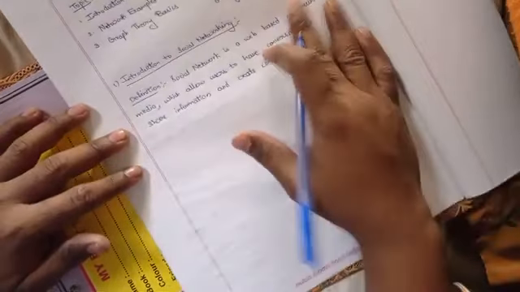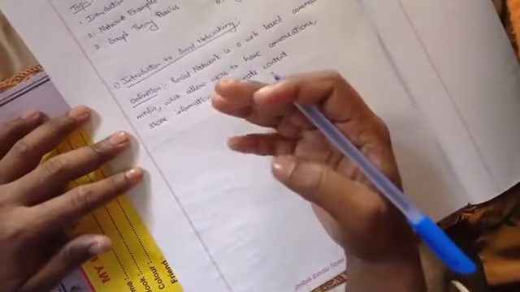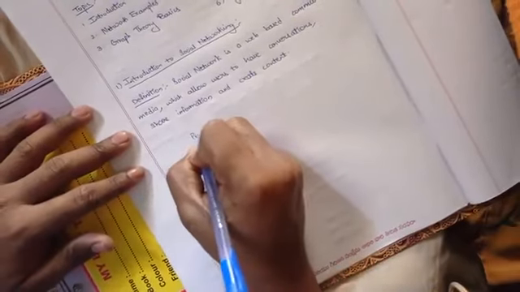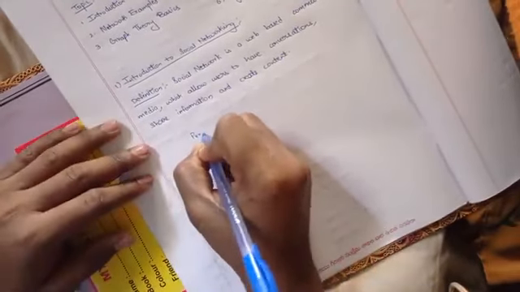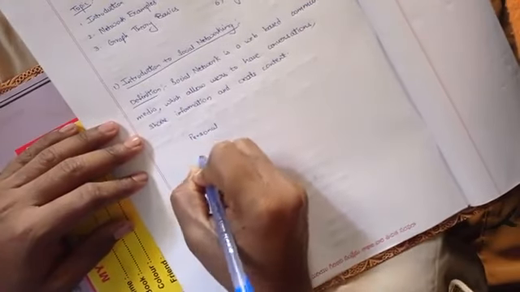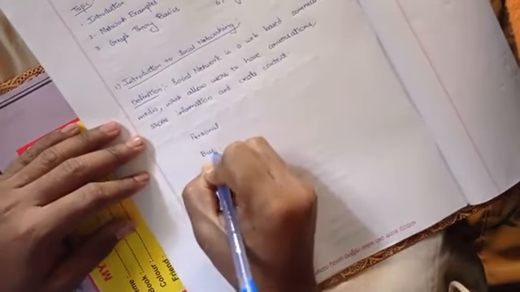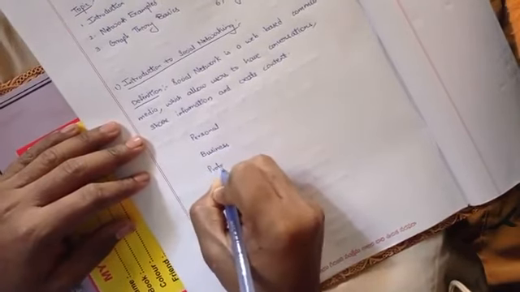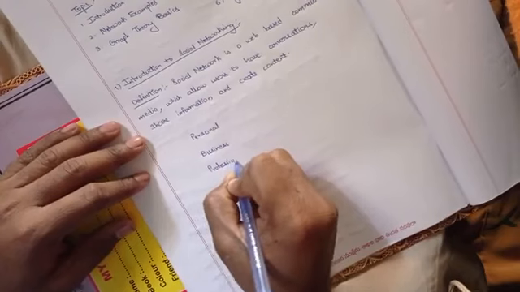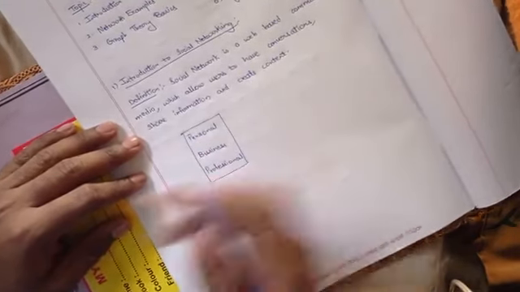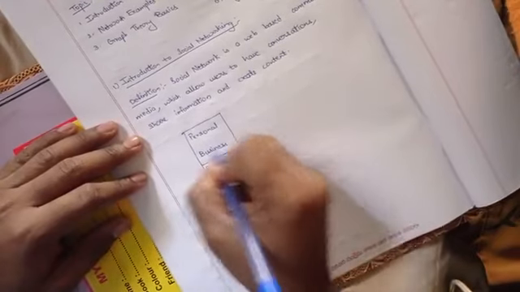So let us categorize the people accordingly: personal, like us, normal human beings, business people, and professionals.